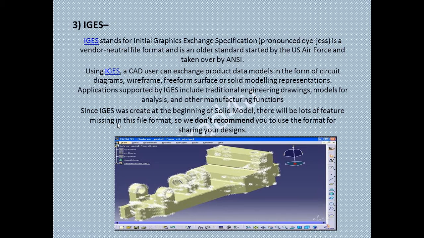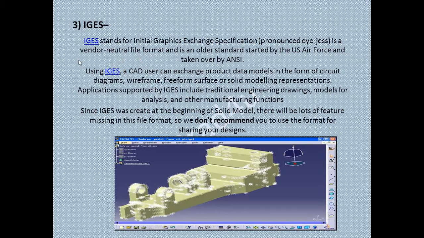Since IGES was created at the beginning of solid modeling, there are lots of missing features in this file format, so we don't recommend you use this file format for sharing your design. In the first line, it is given that it is a vendor neutral file format. What does it mean?